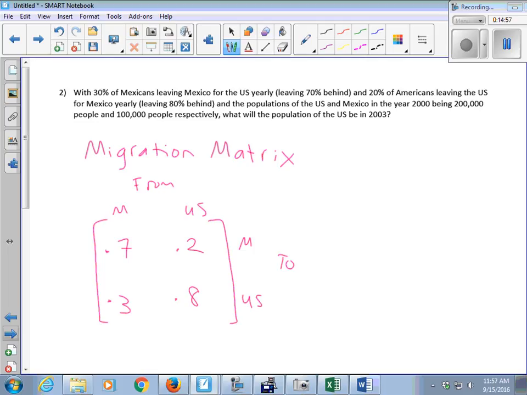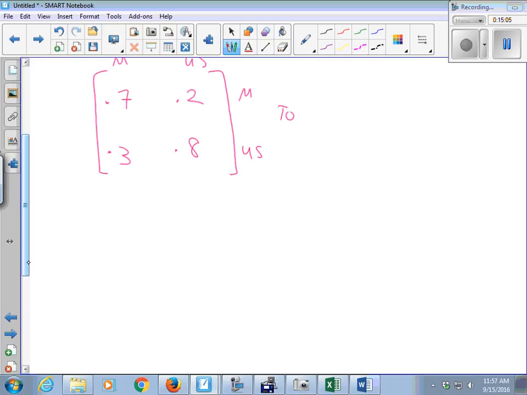When you multiply the migration matrix times the populations of Mexico and the US, let's see what happens. So I have 0.7, 0.3, 0.2, 0.8, multiplied by the vector 200,000, 100,000.